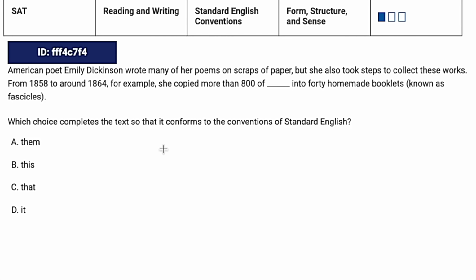So just from reading that out loud, I can tell that these works is the original noun that we are replacing. And technically, these works is referring to poems too. Regardless, both of these are plural, so we're going to want them, choice A.